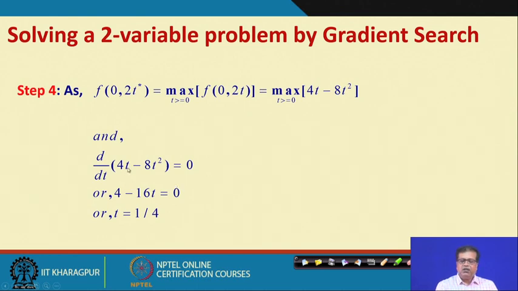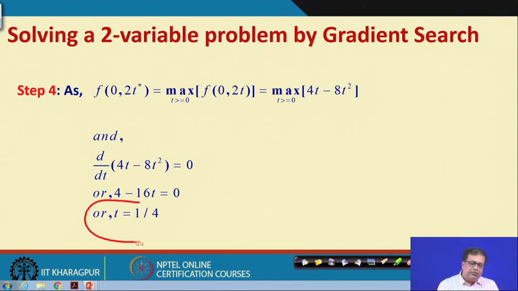So, as we differentiate this 4t minus 8t square, we find 4 minus 16t equal to 0. So, we find a value of t which comes out to be 1 by 4. You see how much we move in the direction is 0 in the x1 direction and 2t in the x2 direction.